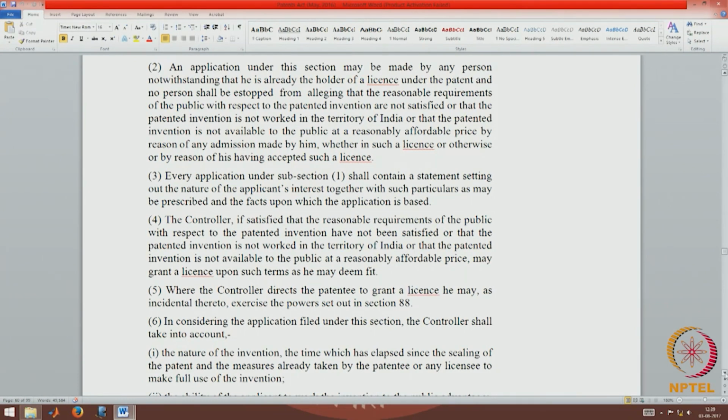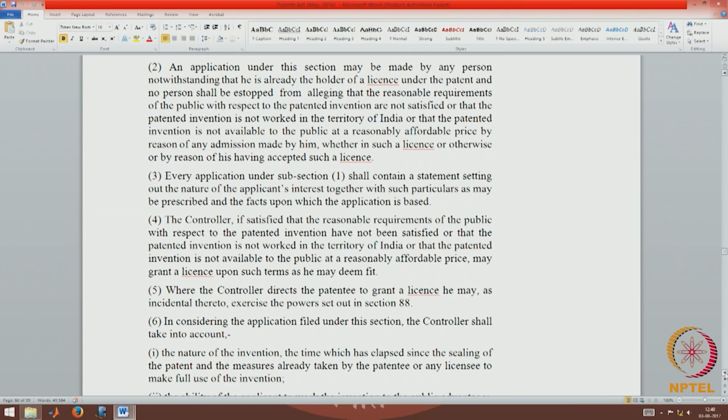So, the fact that you are a licensee will not stop you from making an application for a compulsory license, and the fact that you have made an admission that the drug is available at a reasonable price or it is being worked within the territory of India or the requirements of the public are being met, even if you made such admissions either in a license or in some other form, still you can make an application for a compulsory license raising those very grounds.